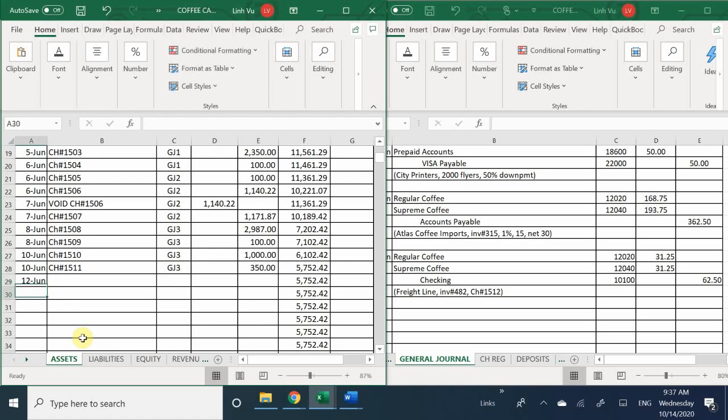For 6/12, we're going to indicate that we wrote a check out, check number 1512, General Journal number 4, and that we credited another $62.50, which brings down our balance to $5,689.92. Okay, I'll give you guys a couple seconds to finish up.